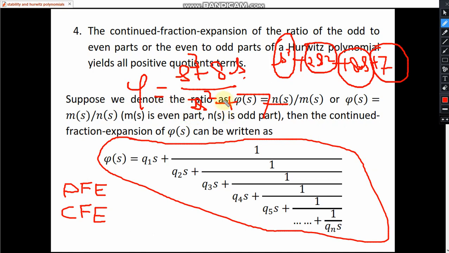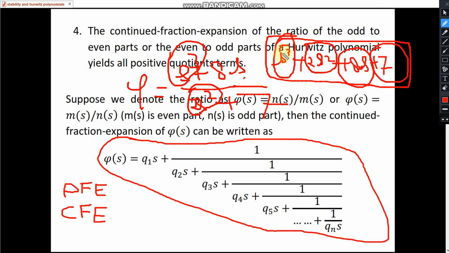In this case, we have not assigned psi as the ratio of even to odd part, because it is easy if this power is more than this power. So in case the given polynomial is a mix of odd and even polynomial, if the highest power is odd, in that situation we find out the ratio odd upon even.